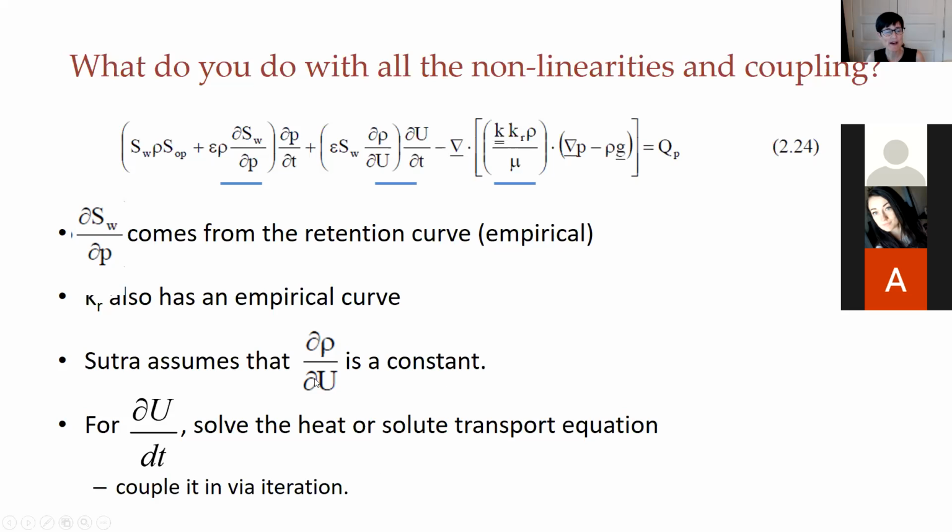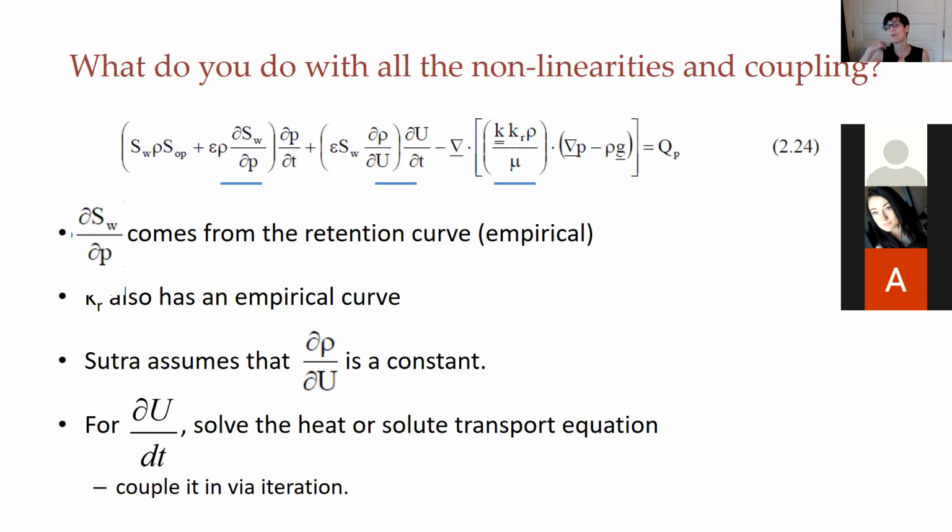Okay, so we talked about that one. We need to get the rest of this, and we know how to do that. We just solve the heat transport equation or the solute transport equation. And in Sutra, they couple it using iteration. So you all actually know how to do this.